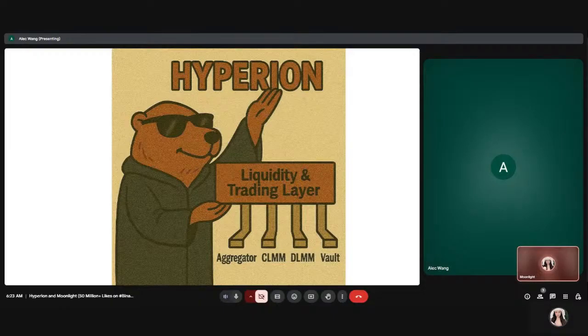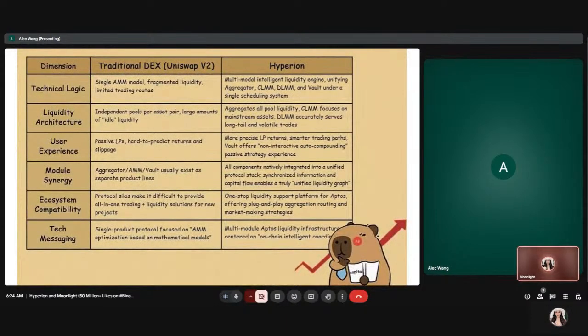I also took some notes: everyone definitely needs to go to Hyperion's website to check it out, because the modular design ensures traders like us get the best execution and LPs get smart automation without needing to be DeFi professionals.